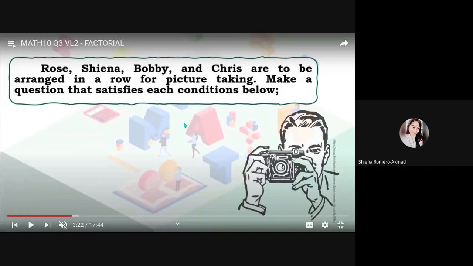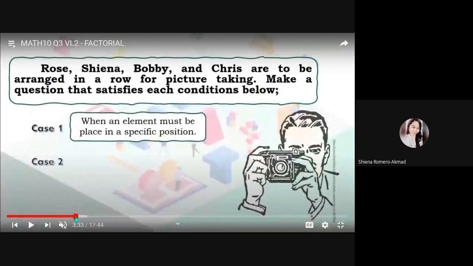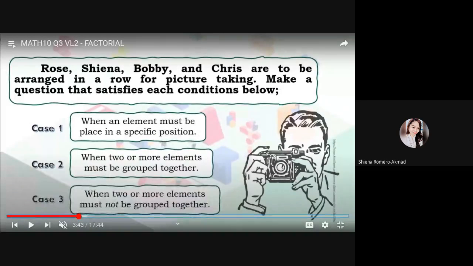Rose, Sheena, Bobby, and Chris are to be arranged in a row for picture taking. You have to make a question that satisfies each condition below. So, gawa tayo ng condition satisfying the cases. Tingnan natin kung talagang naintindihan nyo na. So, case number 1. Sino makakapagbigay ng kondisyon under case number 1?